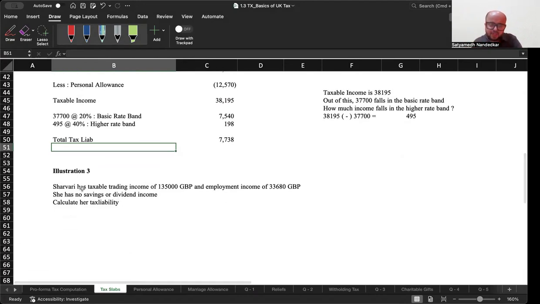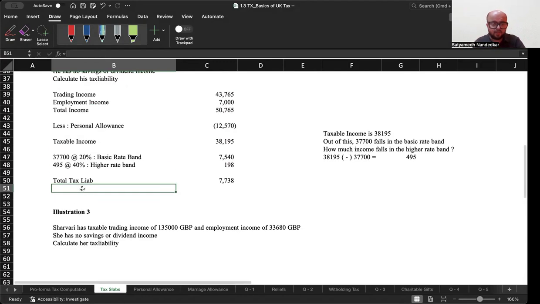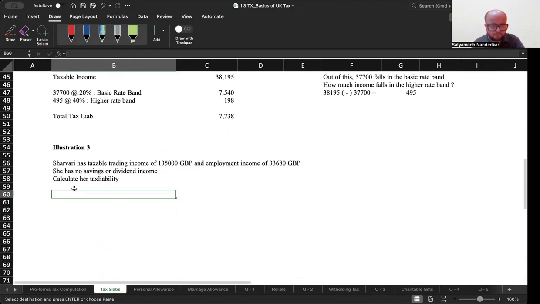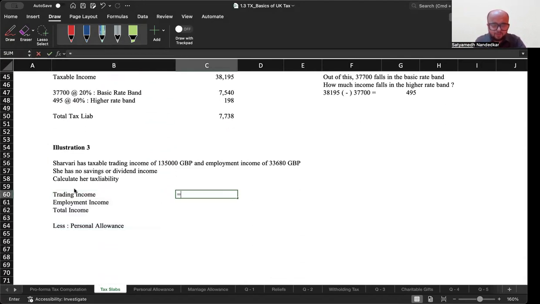Sharvari has taxable trading income of 1,35,000 pounds and employment income of 33,680 pounds. She has no savings or dividend income. Calculate her tax liability. So trading income 1,35,000, employment income 33,680, total income 168,680.